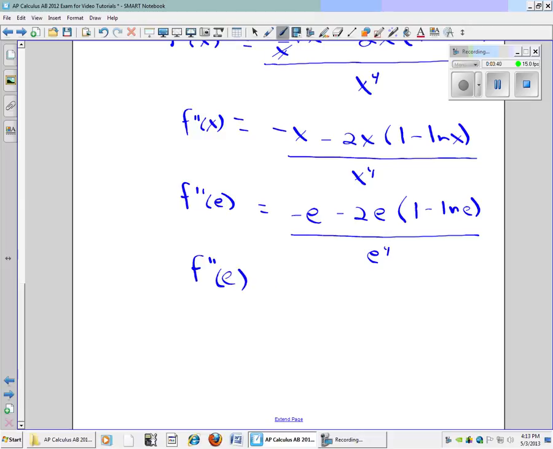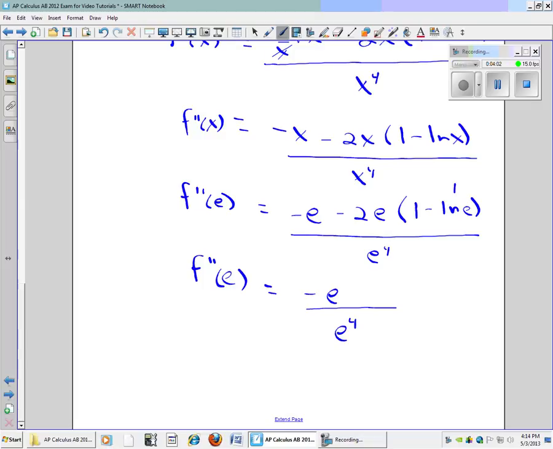So we have negative e, and I notice ln of e on this right hand side is 1, so 1 minus 1 gives me 0, and 0 times the negative 2e is still 0. So I'm going to have left in the top this negative e, and that's going to be over e to the fourth. And I notice that that's going to be a negative value.